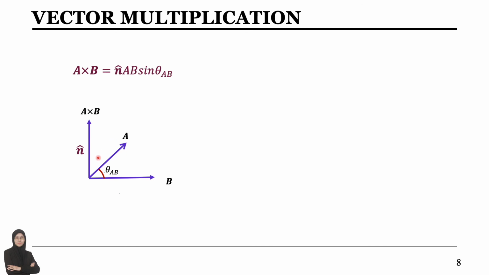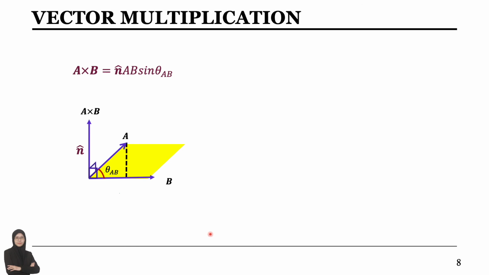The magnitude of this cross product is equal to the area of this parallelogram. And this cross product follows the right hand rule. As you can see here, this new vector, the n hat, is perpendicular to A and B, and it is known as the unit normal vector.